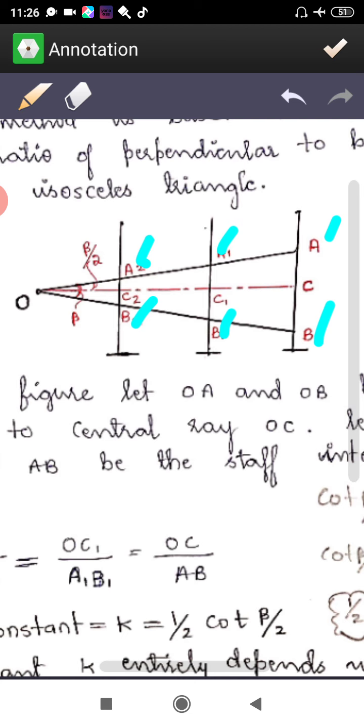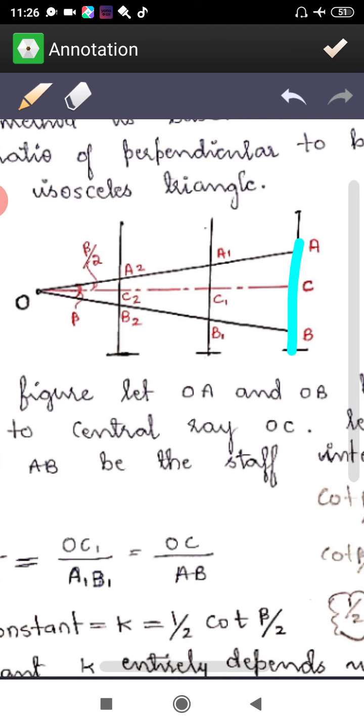And if you take the triangles, as I said, similar triangles are there, so you can have OC2 divided by A2B2 equals OC1 divided by A1B1 equals OC divided by AB.